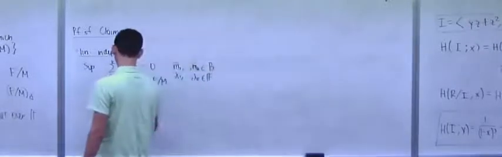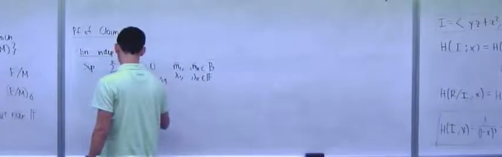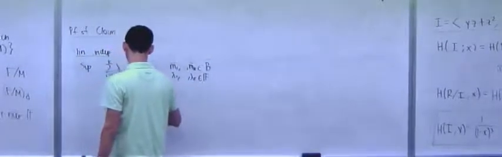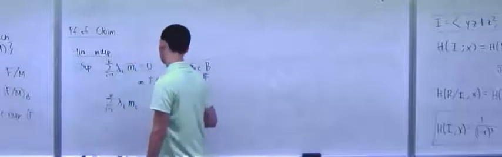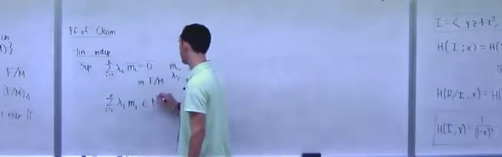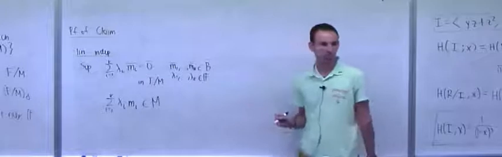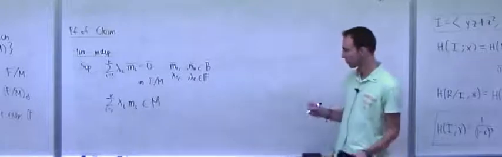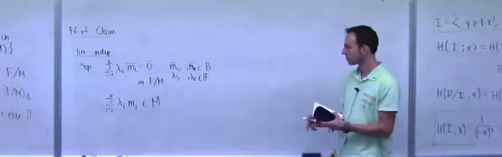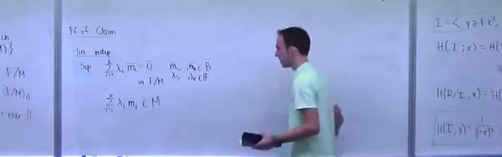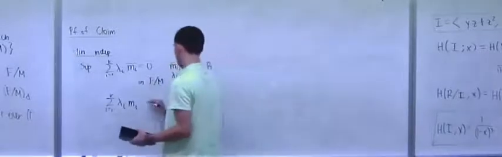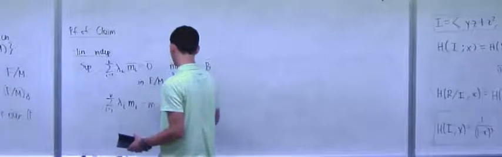In other words, this is inside M, so that when I mod out by M, it becomes 0. Okay? So let's call this little m, and this is in big M.